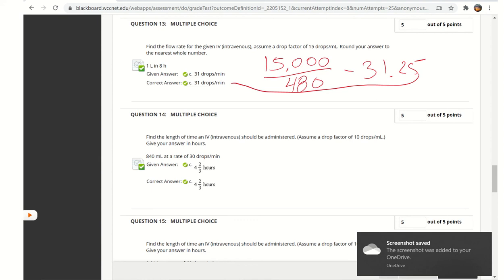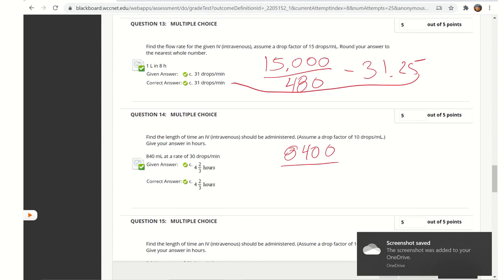Now this one is giving you time in hours with a fraction. Not that much harder, but here's the 840 milliliters, 10 drops per milliliter. Of course, you multiply 840 times 10, you'll come up with 8,400. The rate is 30 drops per minute, but the answer we're trying to find is in hours. So we've got to multiply that to find out how many drops in an hour.